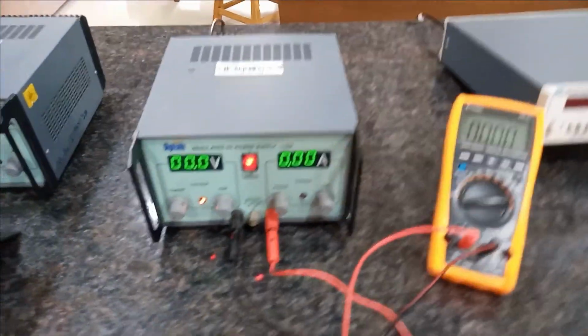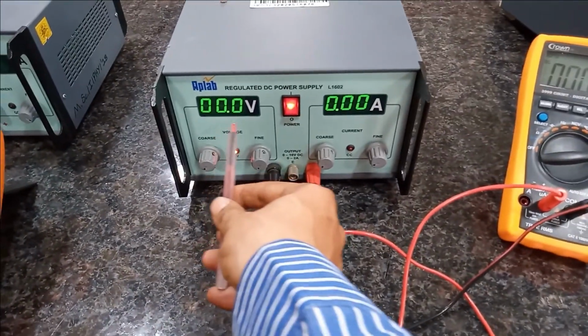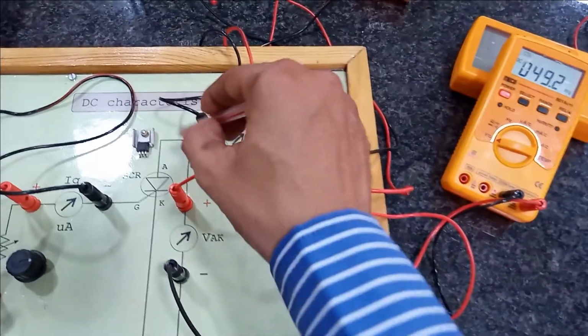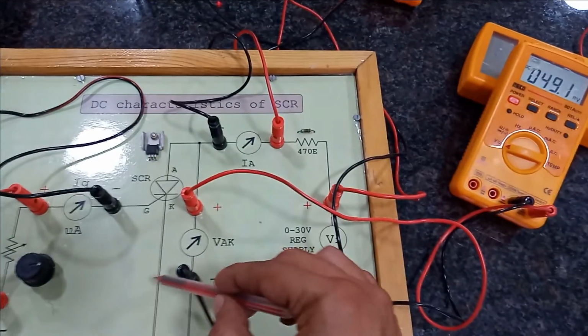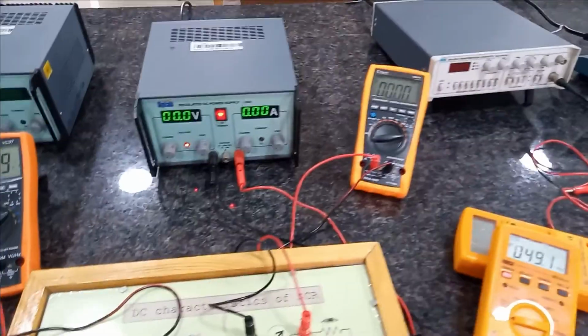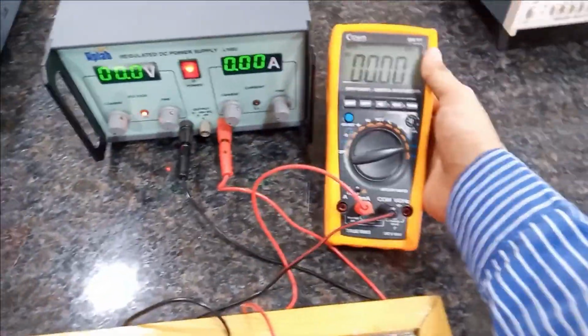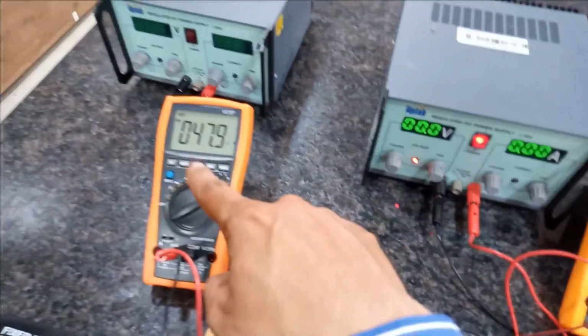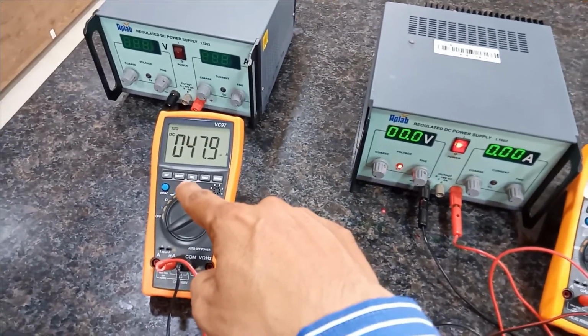Now you can see we have not applied any voltage across the anode and cathode of an SCR. This is 49 millivolt. Now gradually I will increase this voltage. I will not change this gate current, that is fixed at 47.9 microampere.